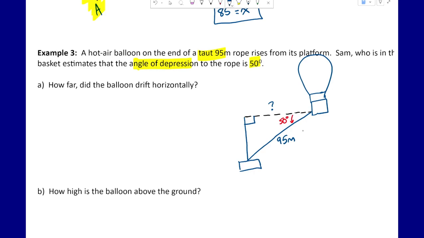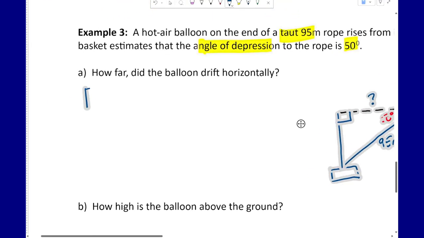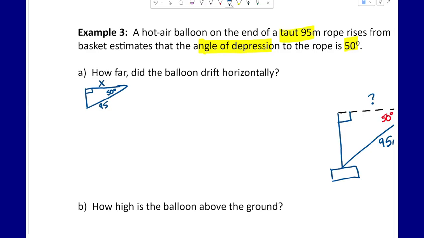It forms kind of like an upside down right angle triangle here. I'm just going to draw it small over here so we focus specifically on it and not just the drawing. So we have 50 degrees, 95 meters, and we're looking for that measurement.